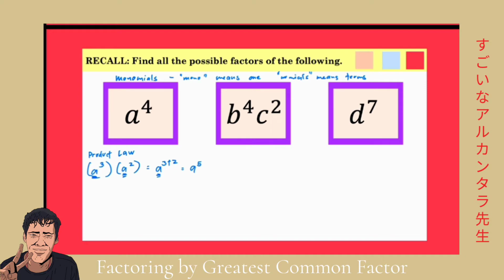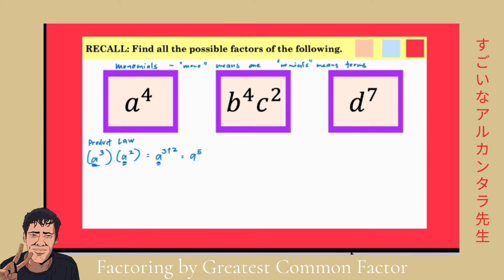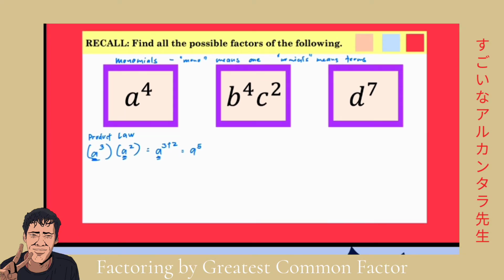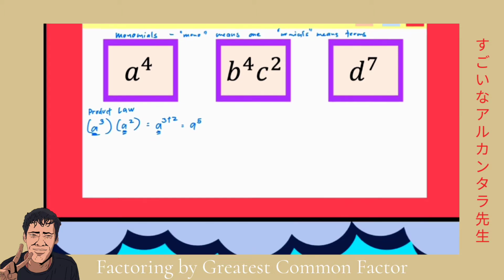Since the idea in the product law is that we add the exponents when they have the same base, factoring a raised to 4 is as easy as doing this. A raised to 4 can be the product of a raised to 2 times a raised to 2. Because again, they have the same base, copy the base, and then add the exponents. 2 plus 2, that is 4.